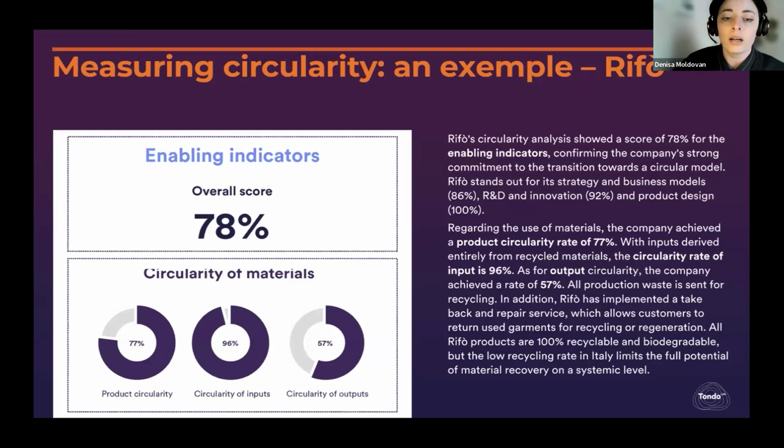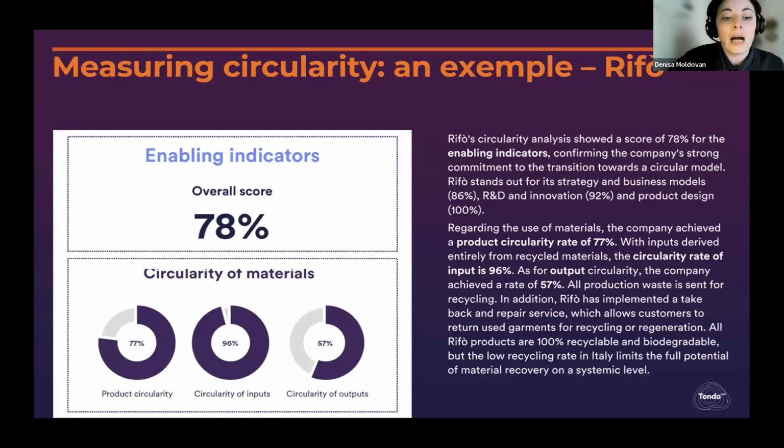That's because, as Nicolo presented before, all the inputs are sourced from recycled materials, and the company has also implemented a take-back and repair service. However, that helps with circularity of outputs. Italy has a quite low recycling rate, and this still poses challenges to full material recovery at a systemic level.